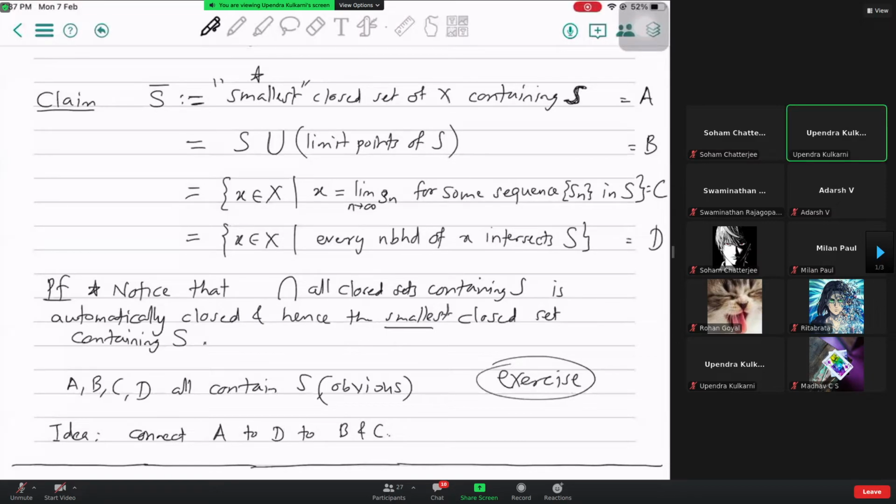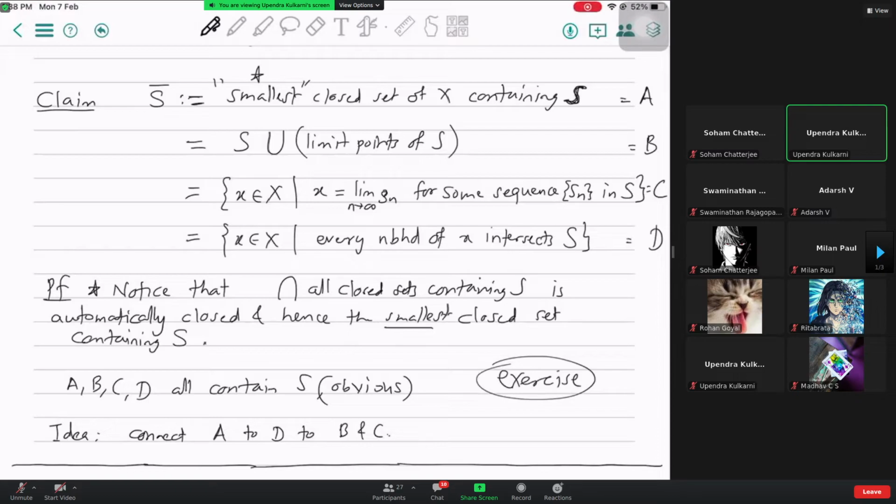I think the key to this was that we really don't show that A and D are equal, but rather show that A complement and D complement are equal. That's what seems to be the key. Correct? Yes, sir. Okay, so let me see if I can do this to make sure I understand.